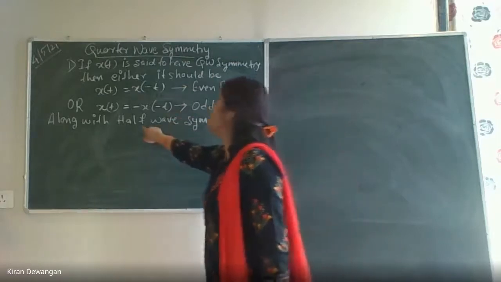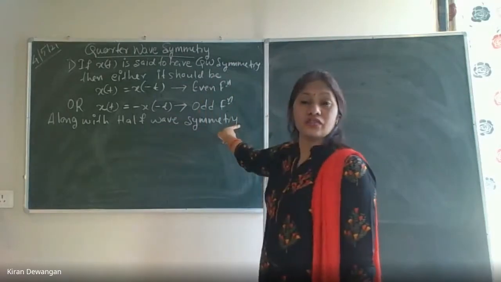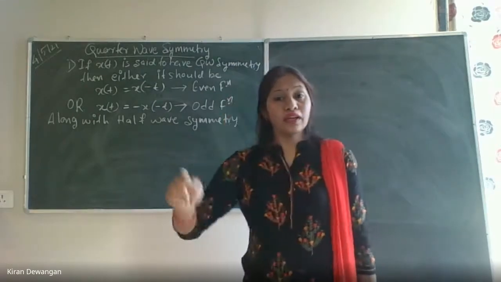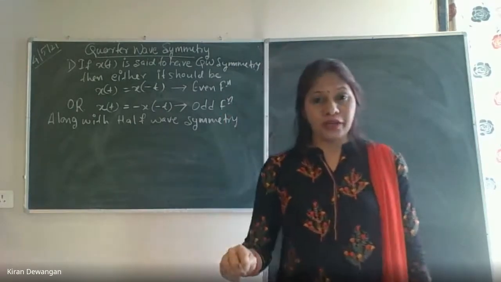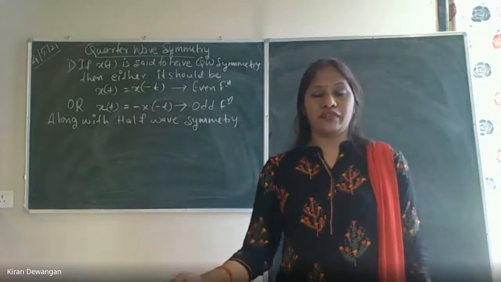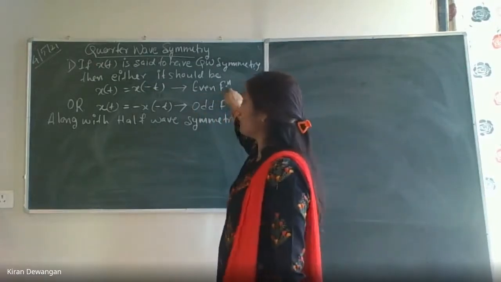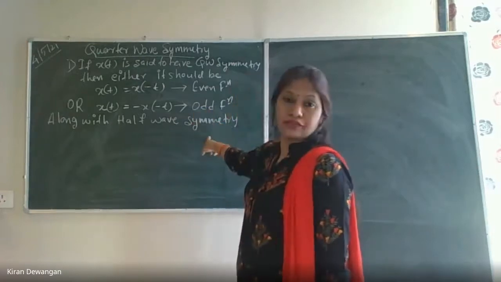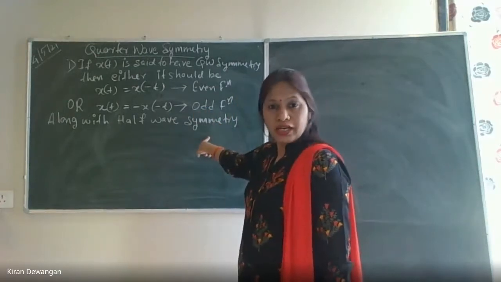Along with that, it should compulsorily satisfy the condition of half-wave symmetry. ठीक है? तो even and half-wave symmetry होगा और odd and half-wave symmetry होगा. मतलब या तो even function and half-wave symmetry दोनों को satisfy करेगा या तो odd and half-wave symmetry को satisfy करेगा. Are you getting my point?